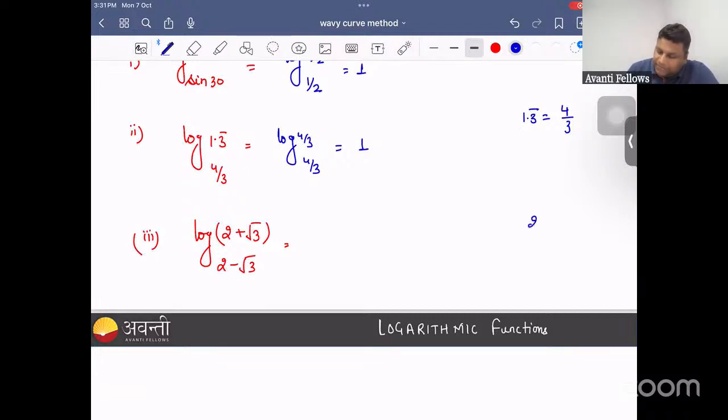Now, see, this 2 plus root 3 into 2 minus root 3 is what? 4 minus 3, it is 1. That means 2 plus root 3 and 2 minus root 3 are reciprocals of each other. Yes or no?